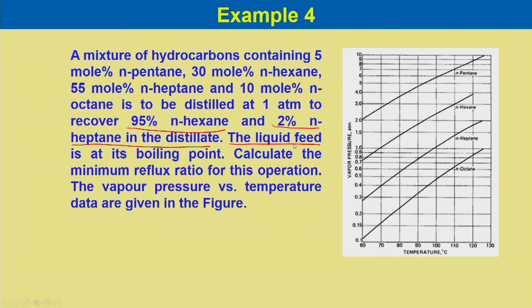The liquid feed is at its boiling point. Now, calculate the minimum reflux ratio for this operation. The vapor pressure and the temperature data can be obtained from this figure.